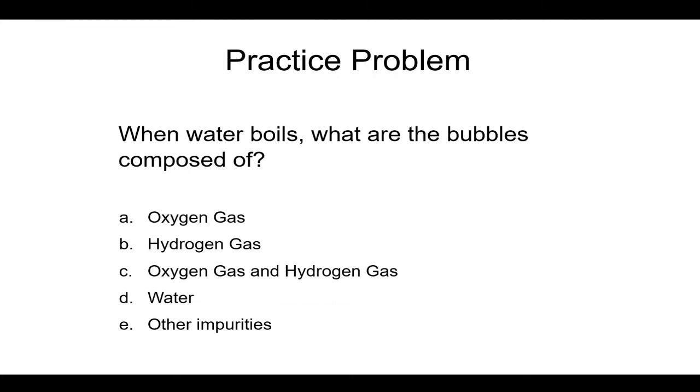All right, time's up. So when water boils, what are the bubbles composed of? We can first think about, before we answer the question, what does it mean to boil? This is a change of state, right? Boiling point is one of these things we just said is related to these intermolecular forces.